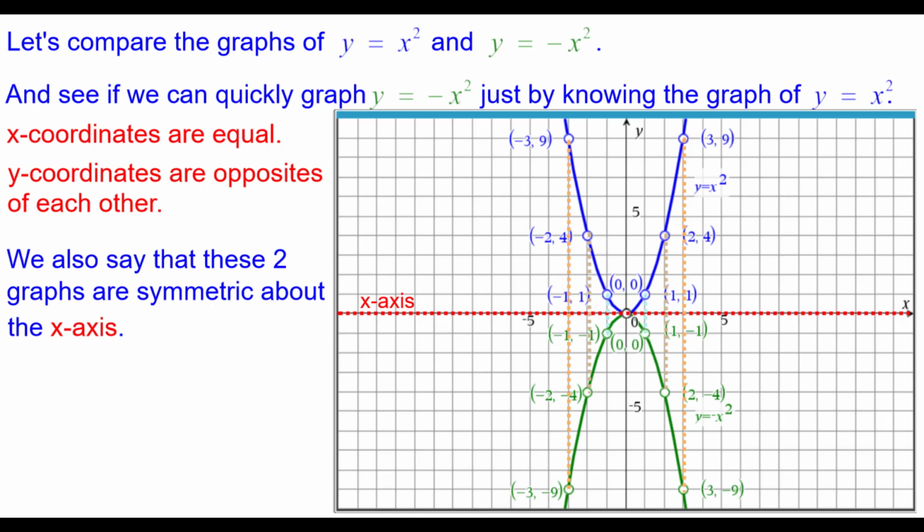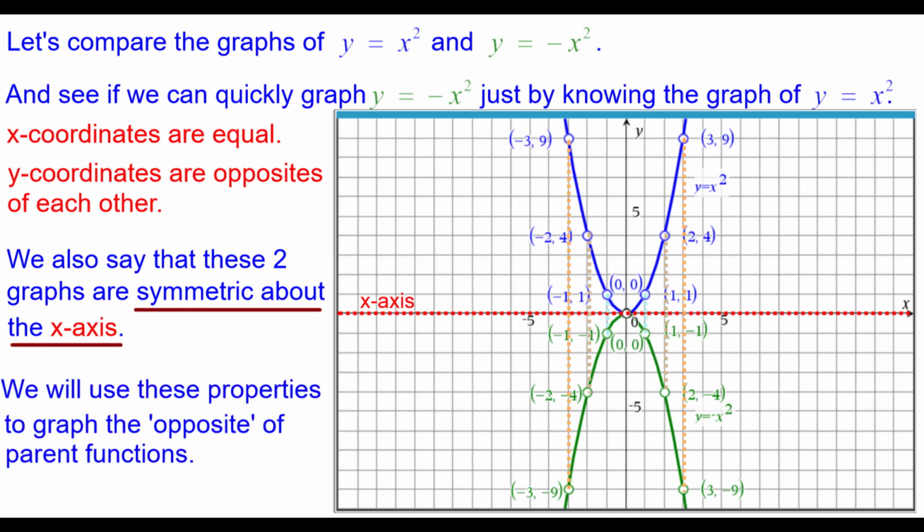We also say that these two graphs are symmetric about the x-axis. That's another way of phrasing this. And we're going to use these properties to graph the opposite of other parent functions.